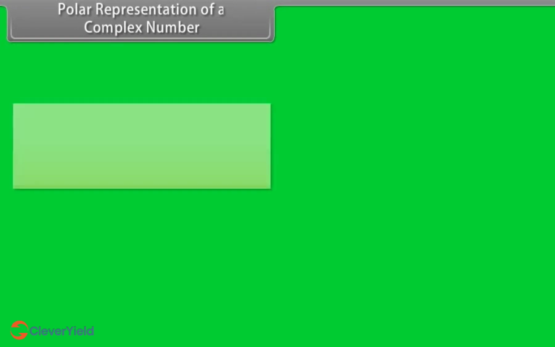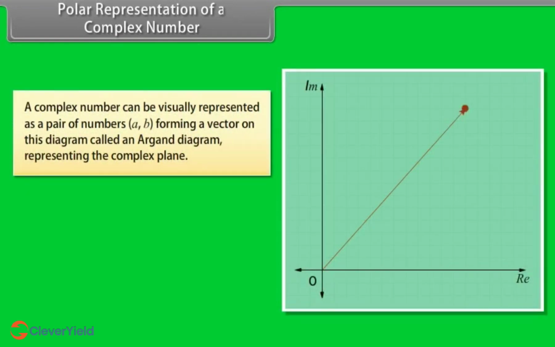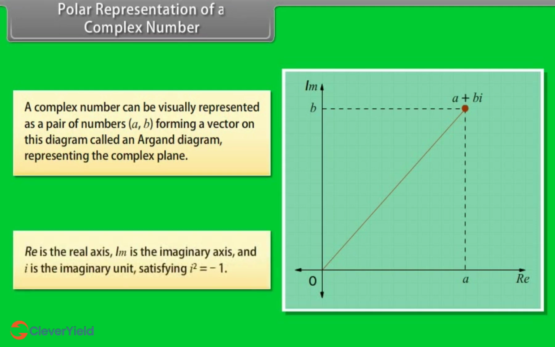Polar representation of a complex number. A complex number can be visually represented as a pair of numbers a, b, forming a vector on a diagram called the Argand diagram, representing the complex plane. RE is the real axis, IM is the imaginary axis, and iota is the imaginary unit, satisfying iota square is equal to minus 1.